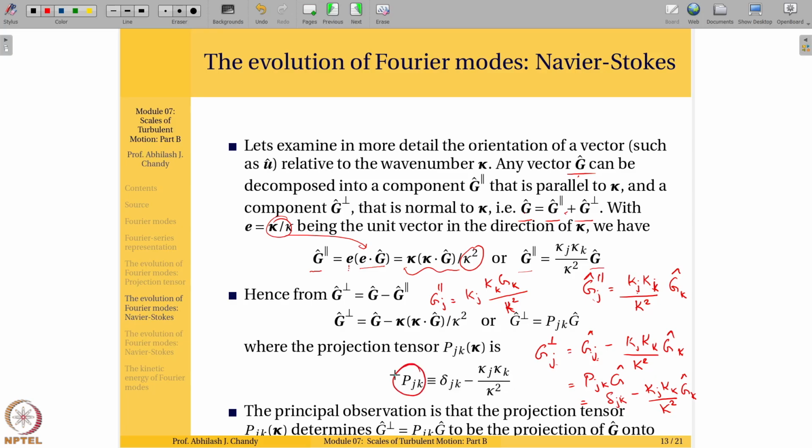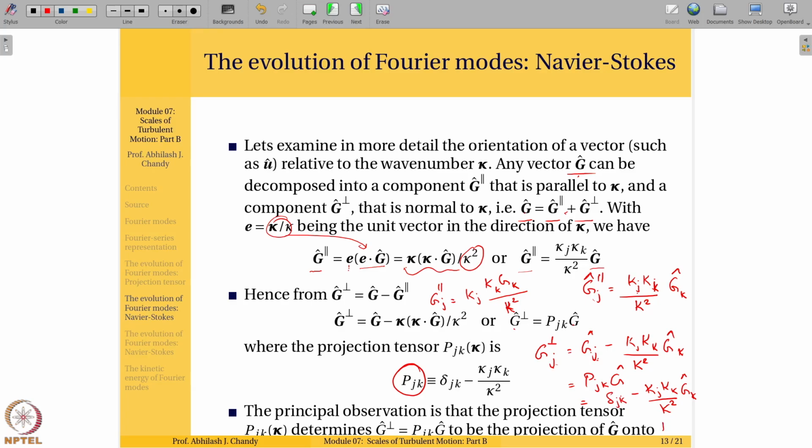And this tensor is what we call the projection tensor. Because what is it doing? Think about it. You have transformed this vector into the perpendicular vector. You have transformed g hat, an arbitrary vector, into its perpendicular form. So essentially, the projection tensor determines g perpendicular to be the projection of g onto a plane that is normal to kappa.